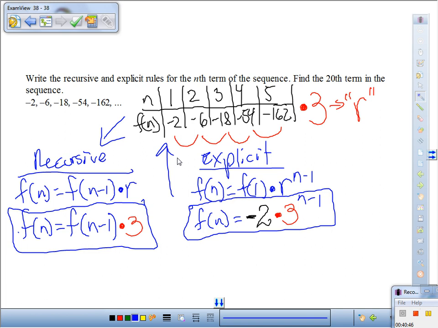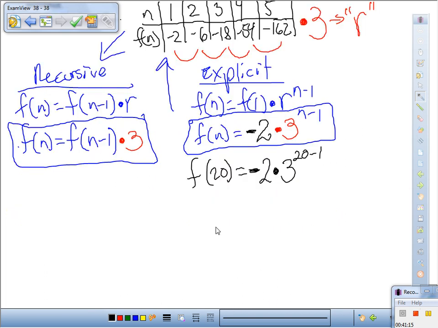Question, they want us to find the 20th term. Which one do we use, the recursive? The explicit, that is correct, because this one takes us straight to the term. So I write what? F of what? F of 20 equals negative 2 times 3 to the 20 minus 1.